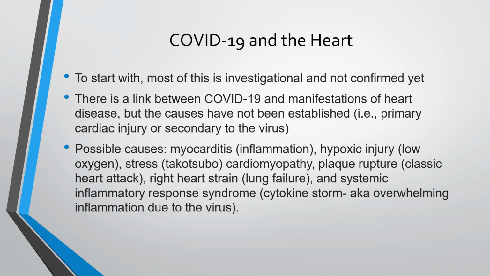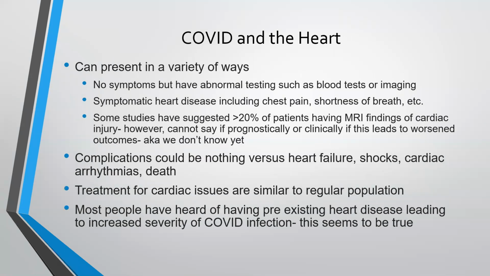If the lungs are failing, that can affect the chambers of the heart that pump blood to the lungs, and they could strain and fail. And the thing that we get worried about the most is that as the body's trying to fight against the virus, it goes overboard and inflames everything in the body, irrespective of whether it's your own tissue or the virus itself. So that's an overwhelming inflammation due to the virus.